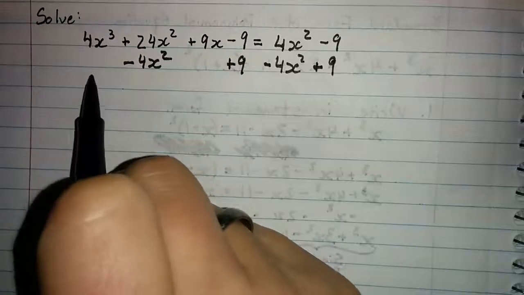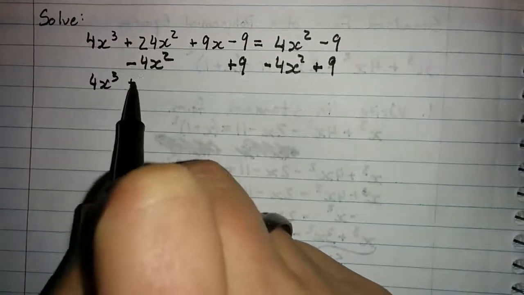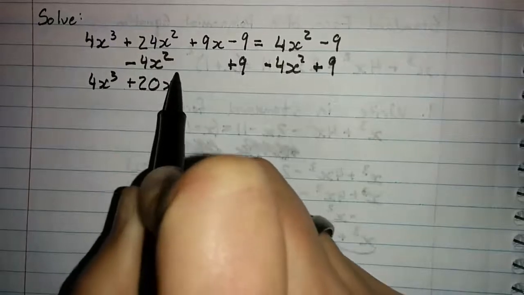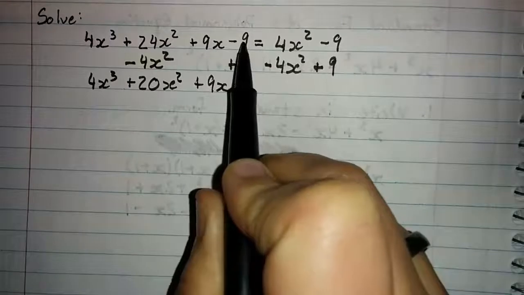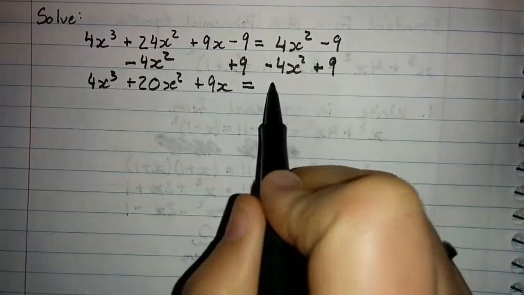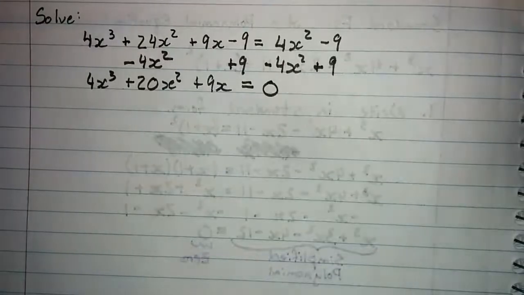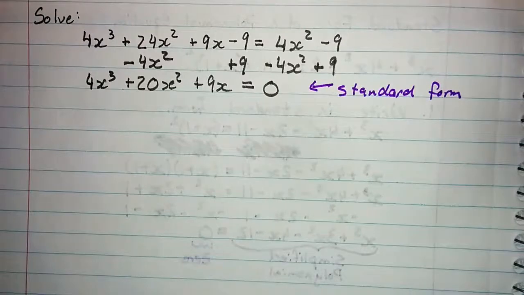So I have 4x cubed plus 20x squared plus 9x. Oh, negative 9 plus 9 is 0. And this side is also 0. So here I have my standard form.